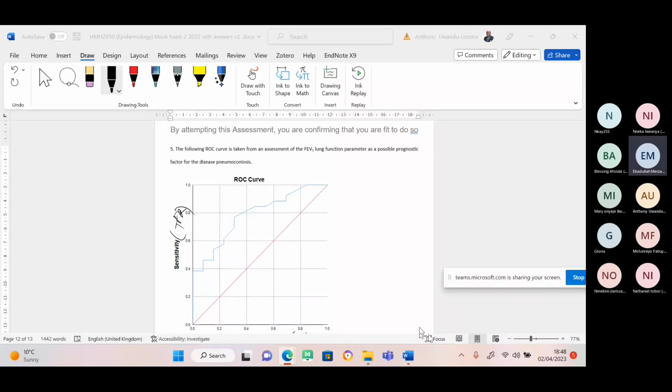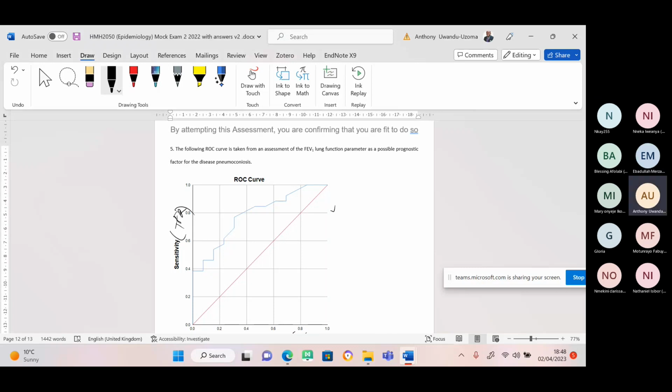Yes, Anthony. To me, it seems like the blue line is on 0.8. The sensitivity for this specific line is 0.8. Okay, you mean this line?